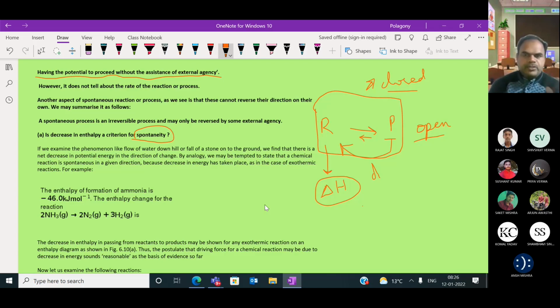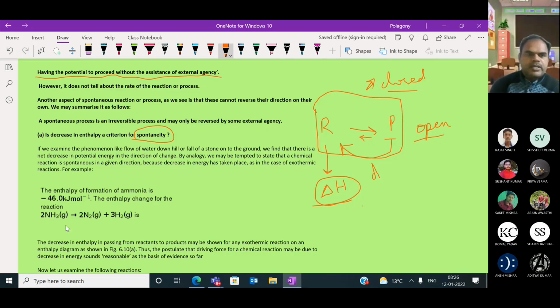Right? So a chemical reaction is associated with decreasing of enthalpy change. Which type of enthalpy? Enthalpy change decreasing will take place, and that is responsible for spontaneity, we say.